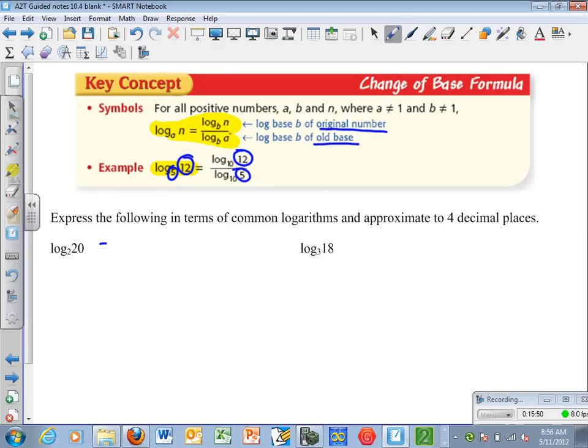Applying that to this, I want to take the log of the bigger written number and divide it by the log of this base, which is the log of 2. So let's take the log of 20, divided by the log of 2 on our calculator.